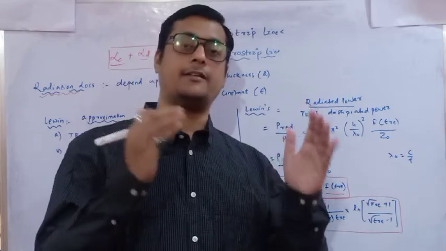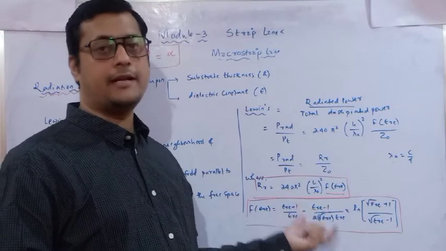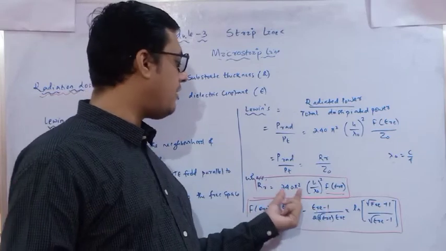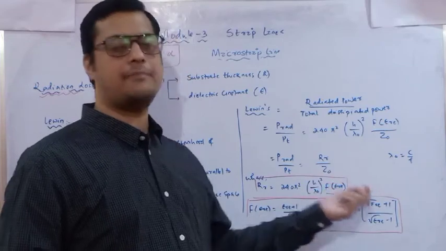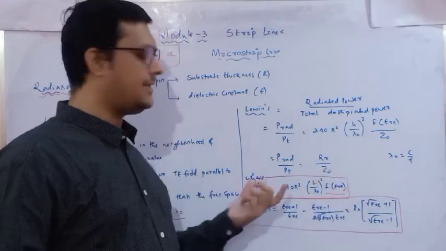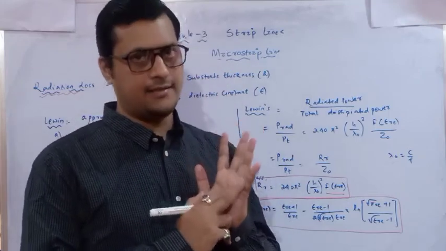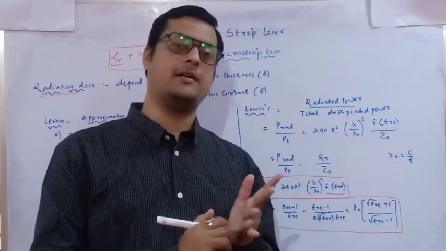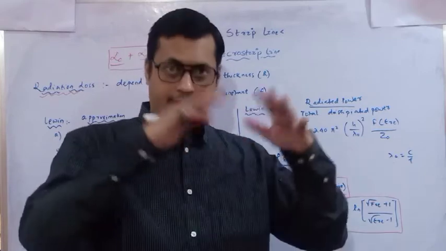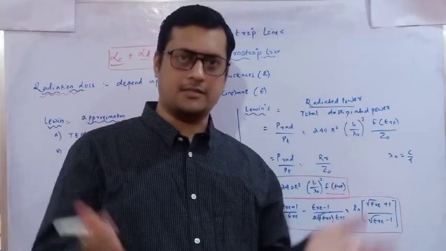According to that, the radiation resistance will change. Here we are using the microstrip line, so the radiation resistance is 240 pi square, H by lambda naught whole square, F of epsilon Re. That means the radiation resistance depends upon the substrate thickness, the dielectric of the substrate, and the net dielectric, that is the relative effective dielectric value of a particular system.